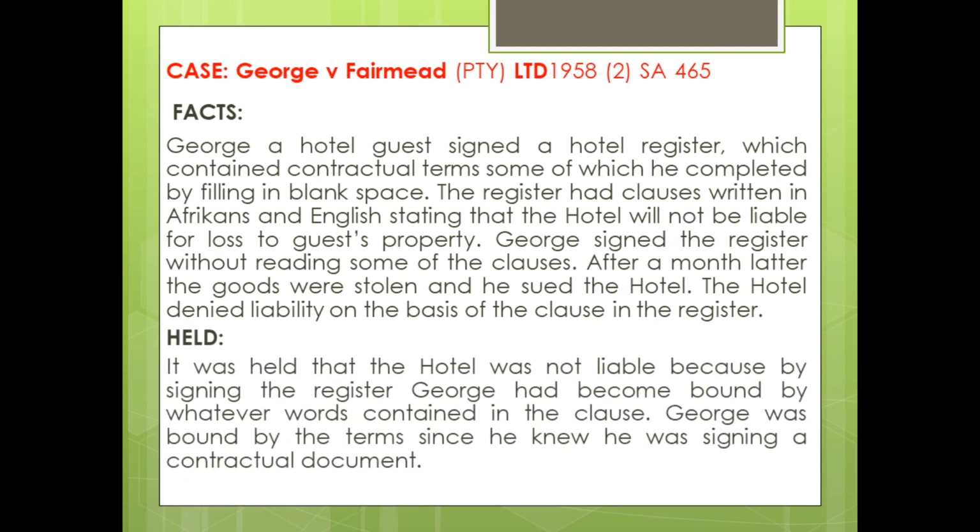The hotel denied liability on the basis of the clause in the register. It was held that the hotel was not liable because by signing the register, George had become bound by whatever words were contained in the clauses on that contract. George was bound by the terms since he knew he was signing a contractual document.